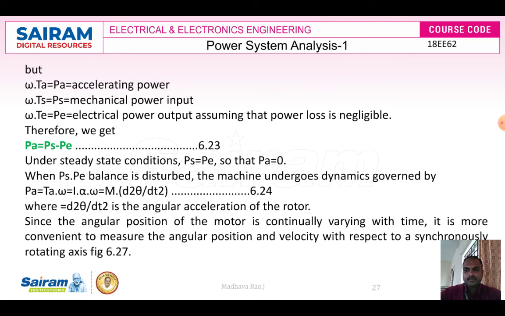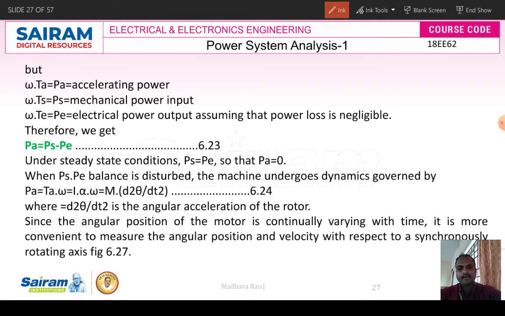Here you can assume omega into TA is PA, the accelerating power, omega into TS is PS, the mechanical power input, and omega into TE is PE, the electrical power output, assuming power loss is negligible. Therefore PA is equal to PS minus PE. When PS is equal to PE, the accelerating power PA is equal to 0.